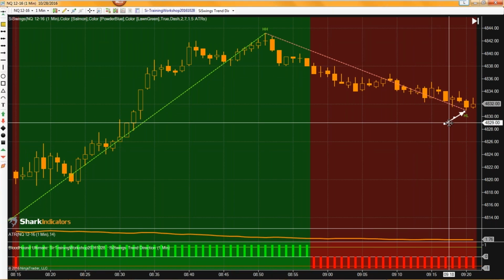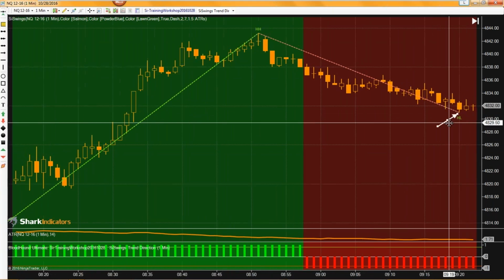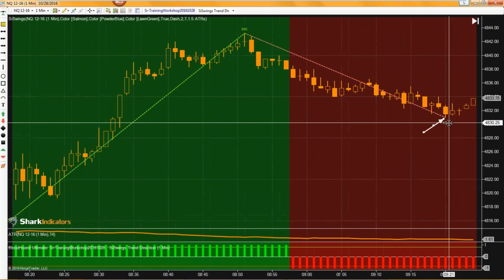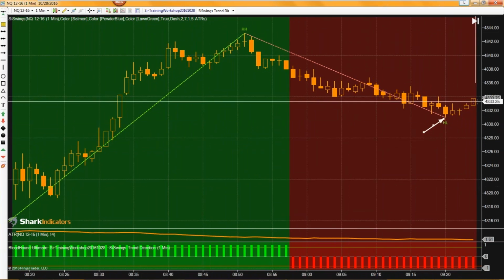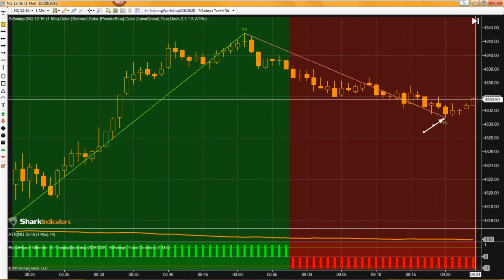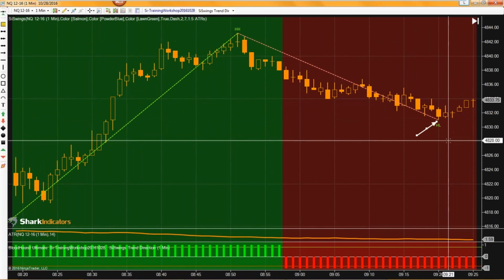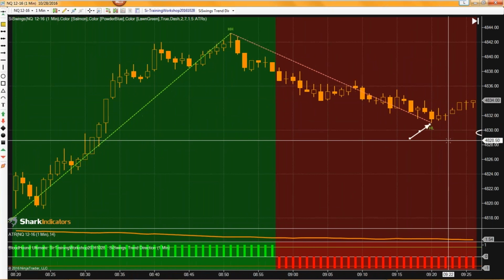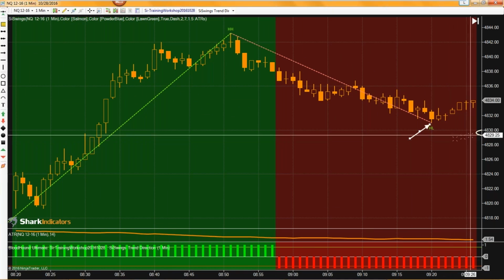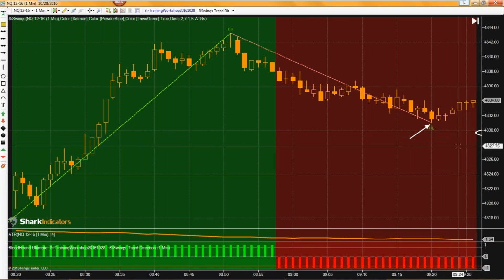So the indicator is updating itself whenever a new low is made. Now price is moving up, but it hasn't moved up enough to determine an uptrend. And we can see it's coming soon.